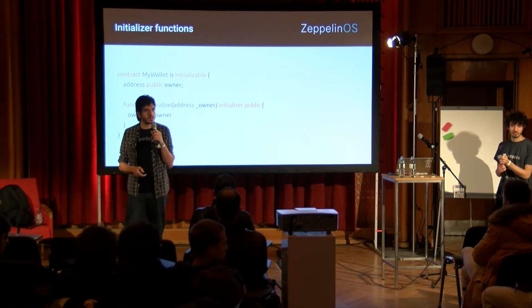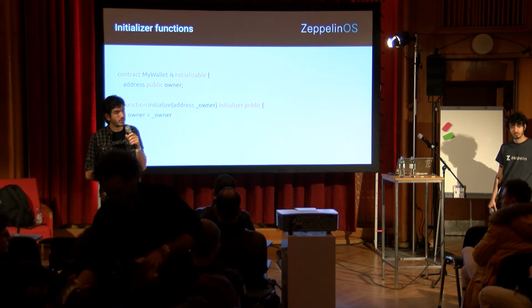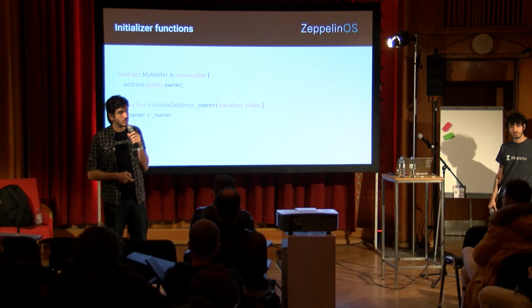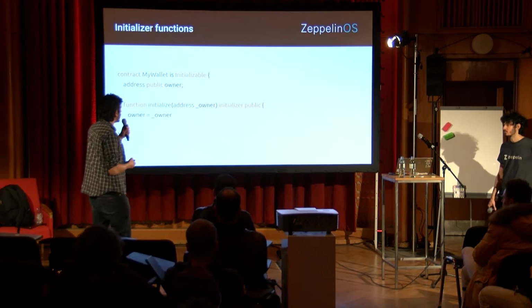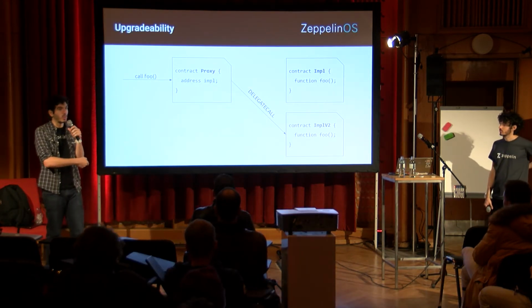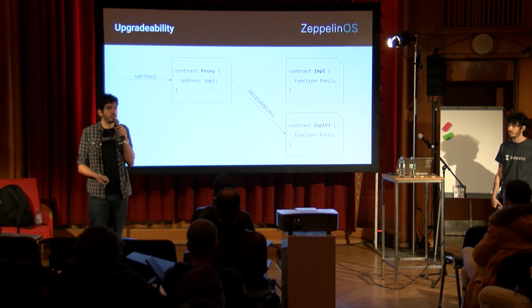So when you run the initialization function, the thing is, you want to initialize your proxy. Every time you deploy a new one, you want to be sure that it's initialized, because you probably want to initialize it with different values.